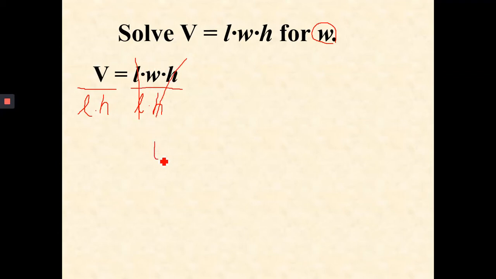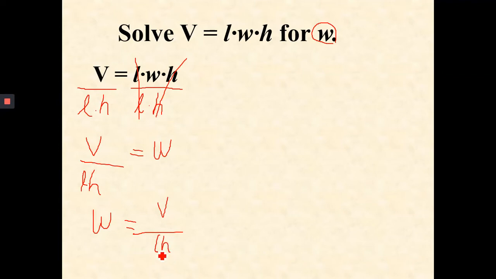It is W is equal to V over L times H. Or it can be W is equal to V over LH. Okay? Can you follow? Okay?